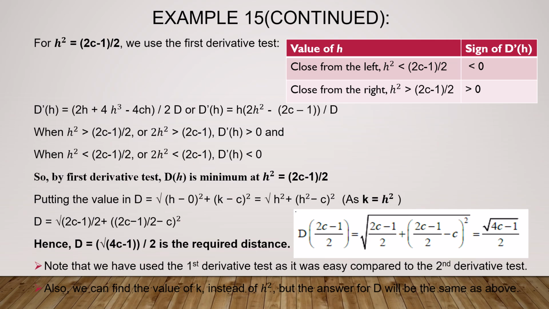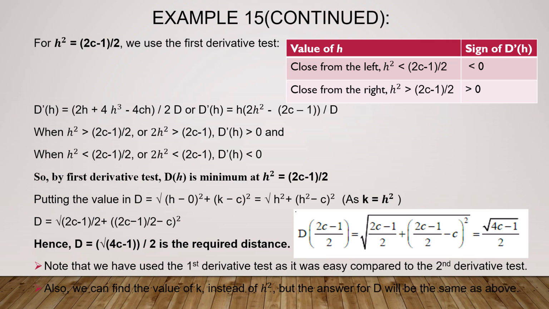Now you take values near this point from the left hand side and from the right hand side. From the left hand side means h² is less than (2c − 1)/2. In the formula of d′, if h² is less than (2c − 1)/2, then 2h² is less than 2c − 1, which means the numerator in d′ will be less than 0.